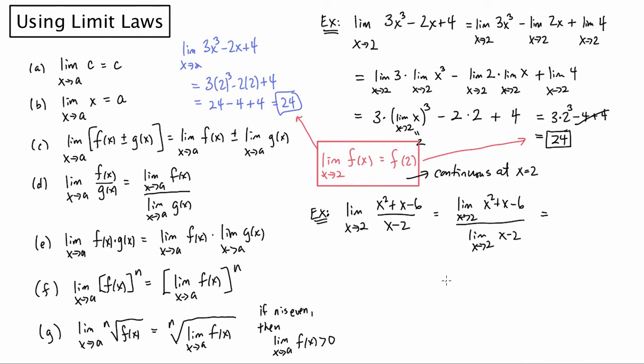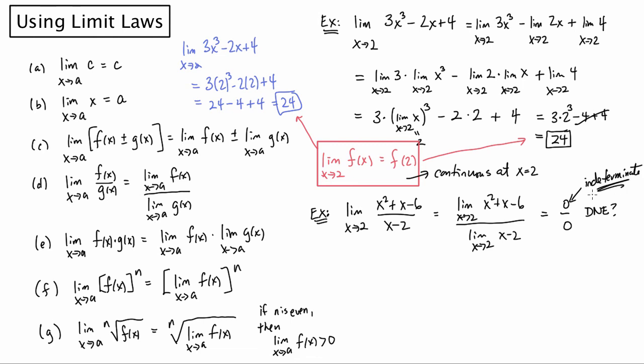And so you see in the top, this is a polynomial, so we can just directly plug it in. So in the top we get 0, and in the bottom we also get 0. So in both cases we get 0 top and bottom, and we might be inclined to say that that does not exist because this is what we call indeterminate, meaning that there's nothing to come out of that.